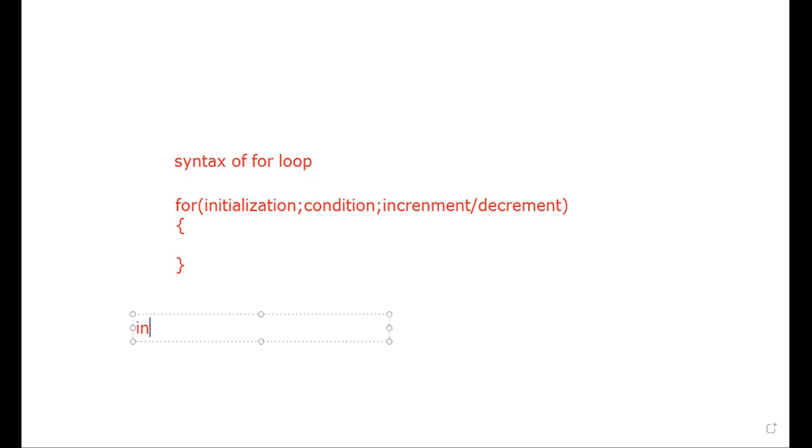Once. It executes only one time. For example, int i is equal to 10. This is the value at the place of the initialization statement. Next is the condition. See guys, there are three statements: initialization, condition, increment and decrement. These three statements are separated by semicolons.